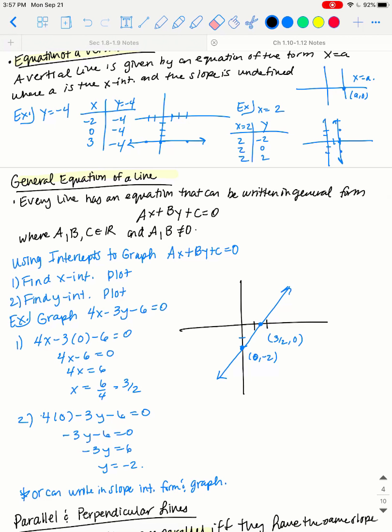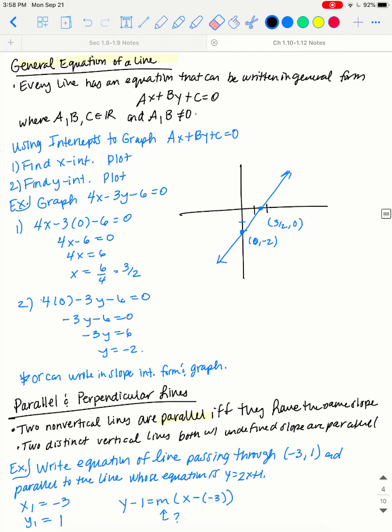Whenever we plug in, there's not really a place to plug in the x. So it's always going to be -4. So then we just draw our lines with all of our points. So for x equals 2, x is always going to equal 2, and then we do a bunch of different y values, but our x is always going to equal 2. So we do our different points, and then we make our line.